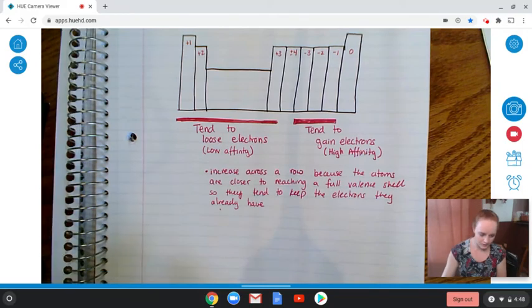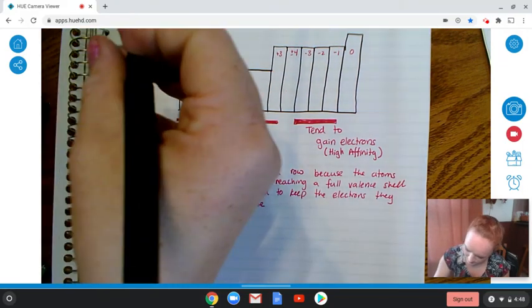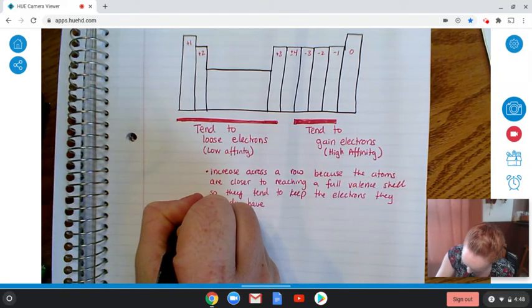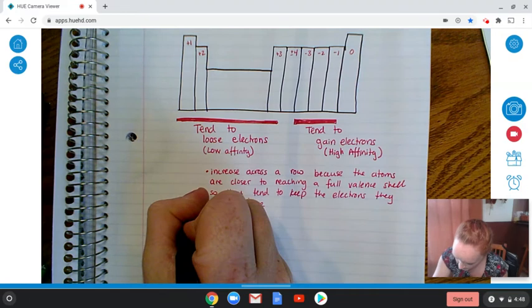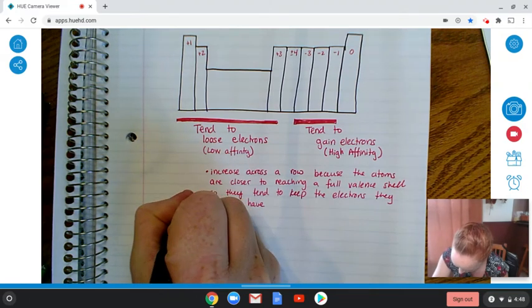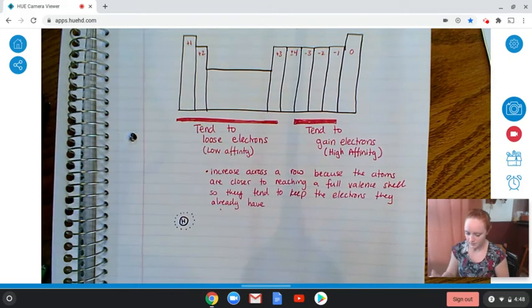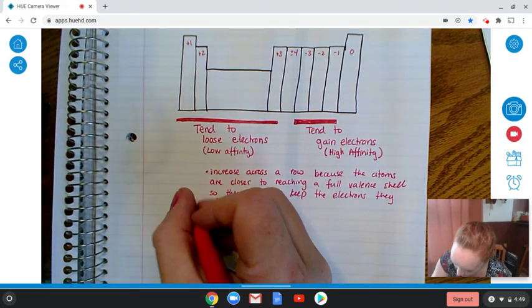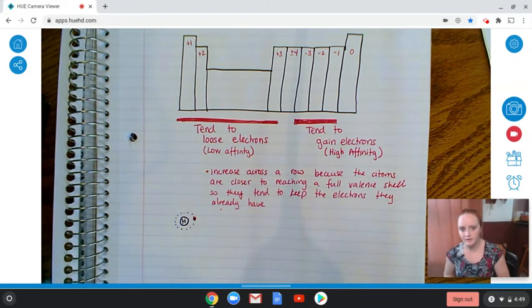So if we're looking at the first column, if we're looking at hydrogen, hydrogen has one valence shell. So the valence electron that it is holding on to is right next to its nucleus.